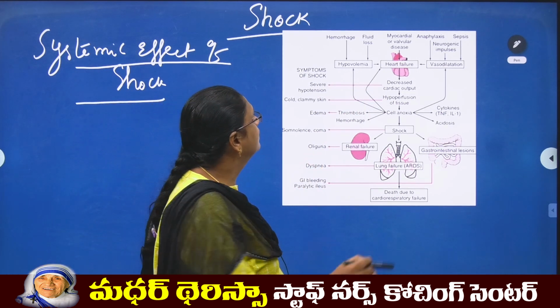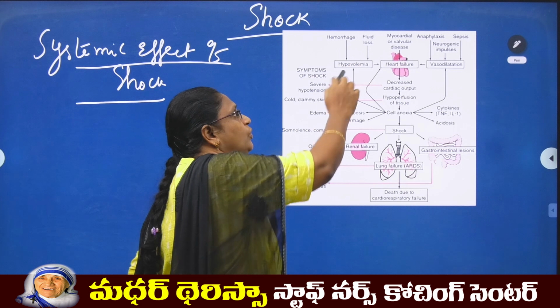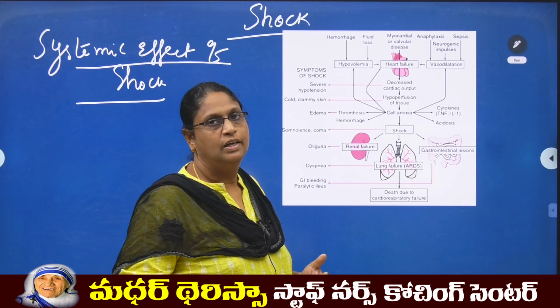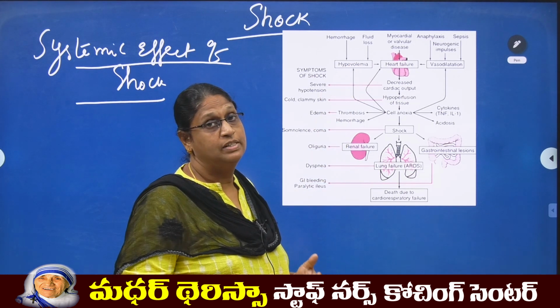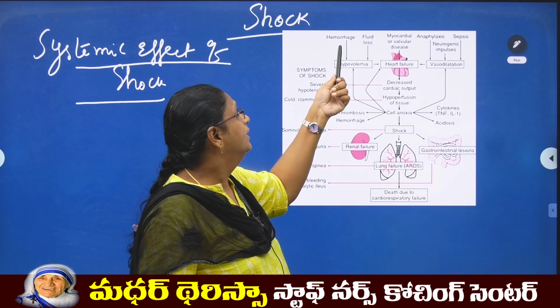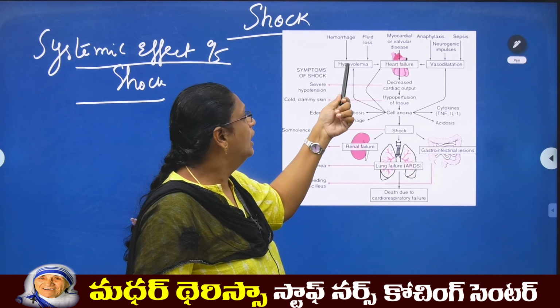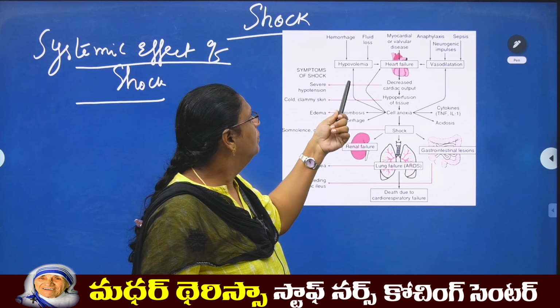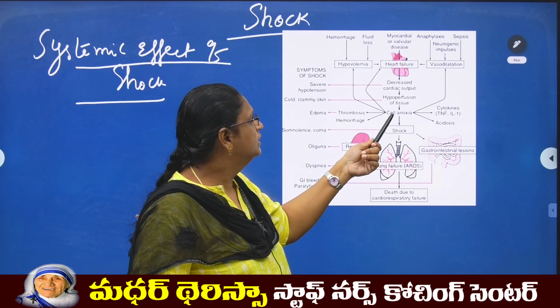Suppose there is hemorrhage and fluid loss, extracellular fluid volume deficit, intracellular fluid volume deficit, you have studied, no? Bleeding causes hypovolemia, cell anoxia.